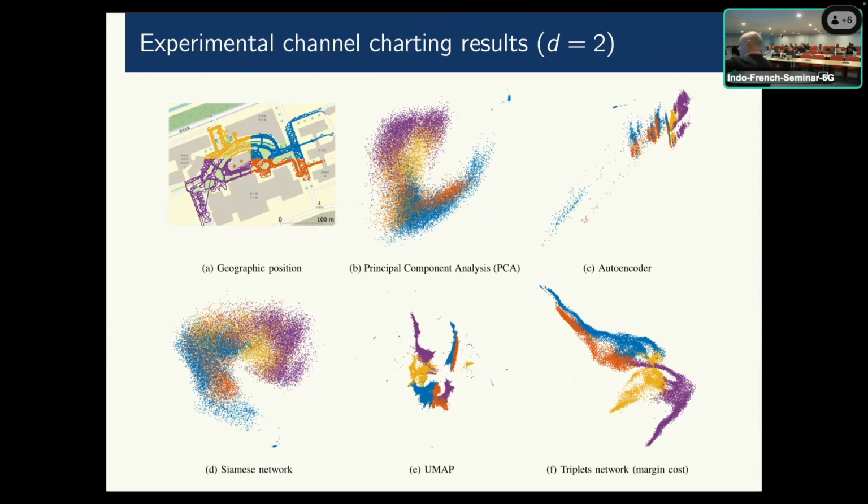You see that these 4 quadrants for this channel chart are pretty much contiguous, and they are also well separated, which is not the case for the other approaches. This is just visual inspection. We can numerically evaluate the quality of the result, and what we have found is that the last approach, the triplet networks, is the one that performs best on this data set.